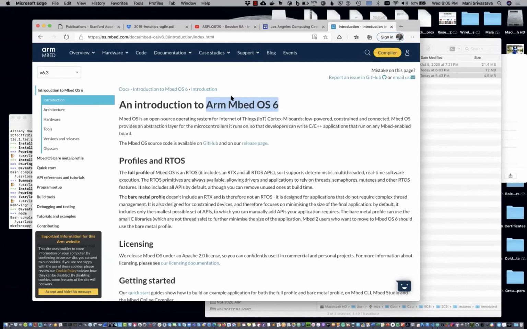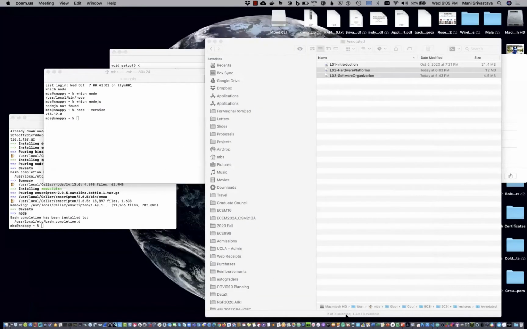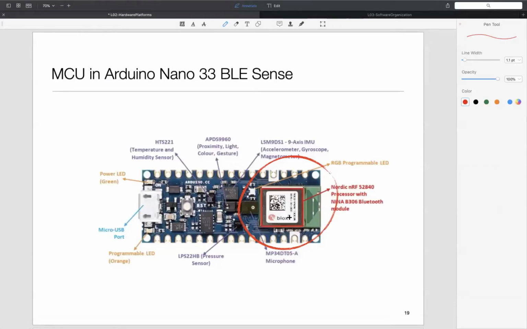Okay, so what Arduino did was they decided to use Mbed OS on this, and then they layered Arduino on top of it. And I'm going to tell about that later. But the bottom line is that you can use this thing as this simple Arduino device if you so wish.